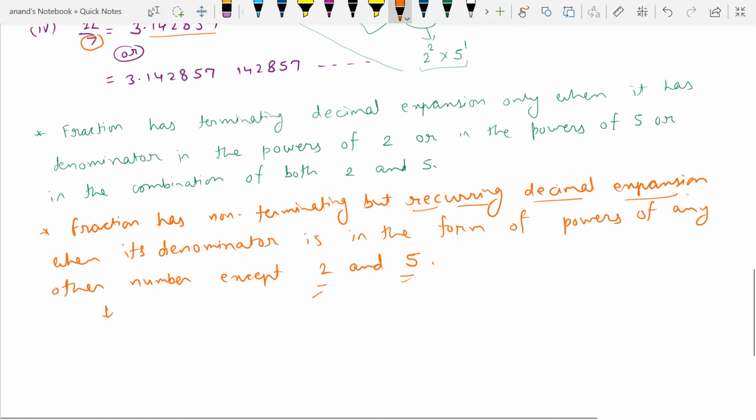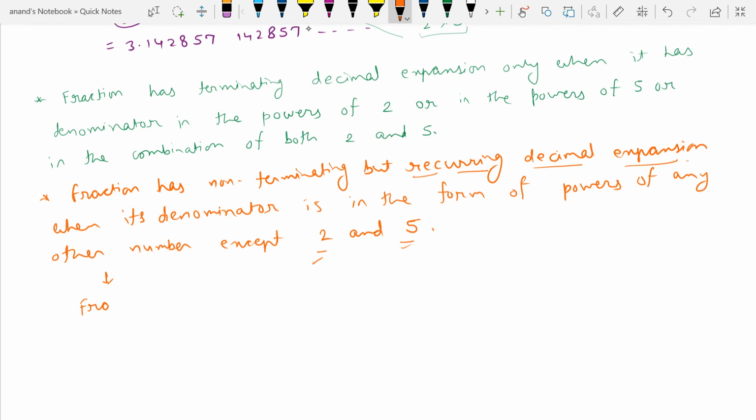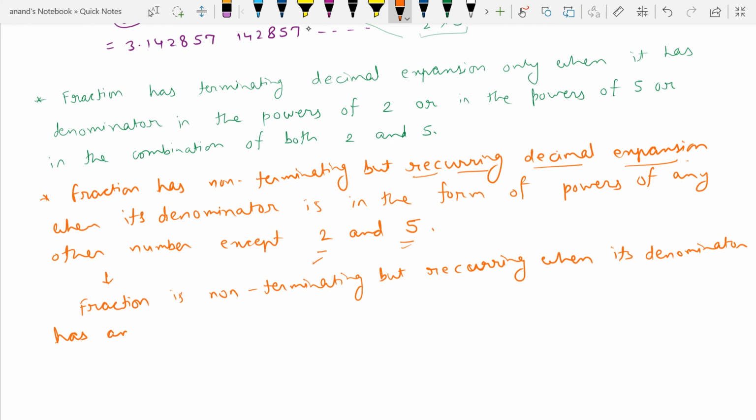So in other words, we can write it as: a fraction is non-terminating but recurring when its denominator has any other number with or without the powers of 2 and 5.